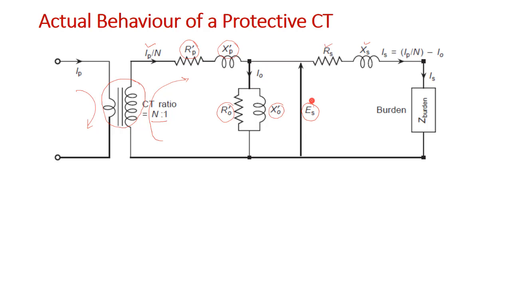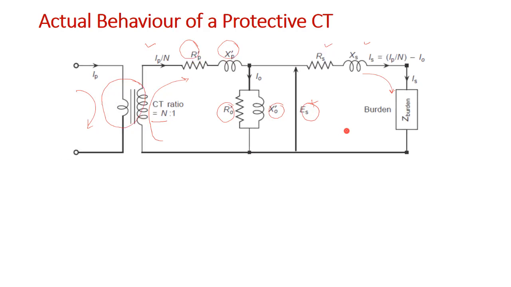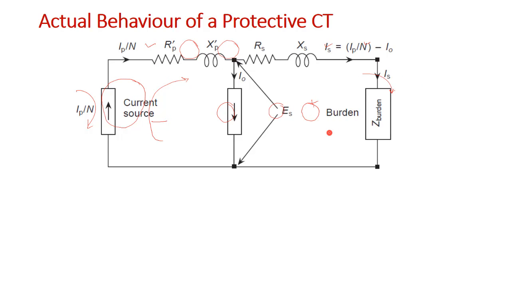Whatever the value of ES will be, and the value of ES will depend upon the current passing through this. So ES is the voltage across this magnetization branch, and this will be your equivalent circuit now.